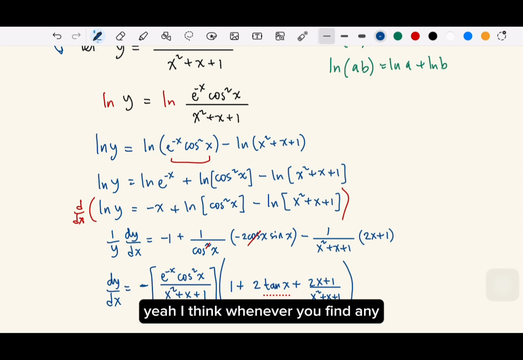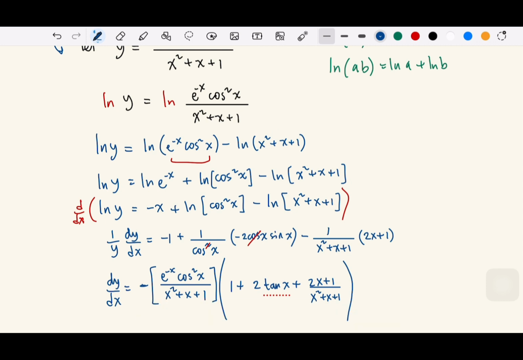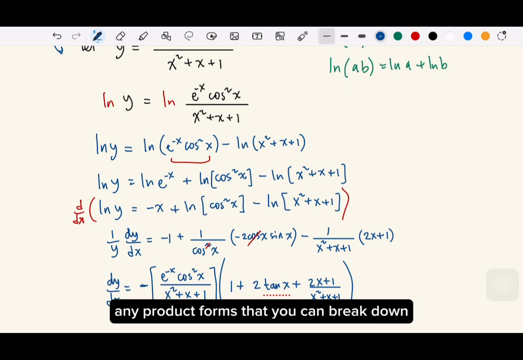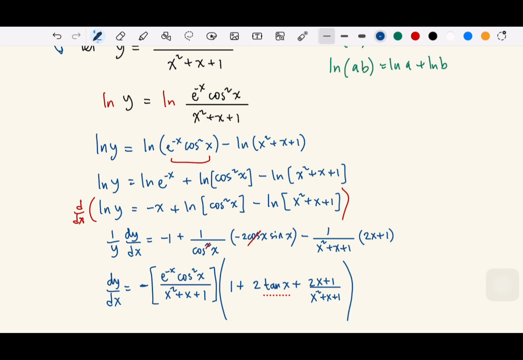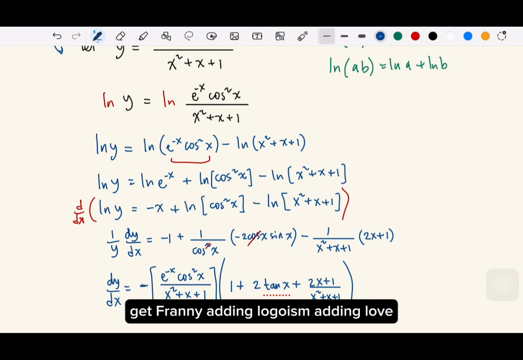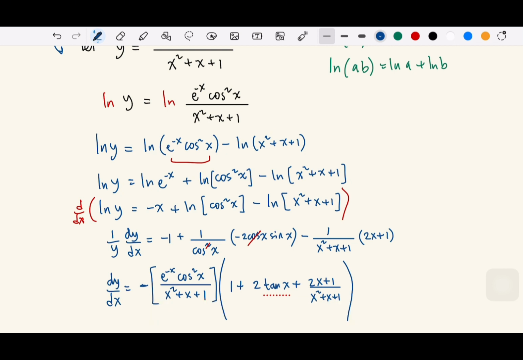Yeah, I think whenever you find any fractions or any product forms that you can break down, you can try adding logarithm, adding log. Okay, any question from this one?